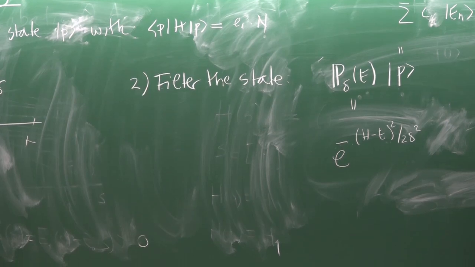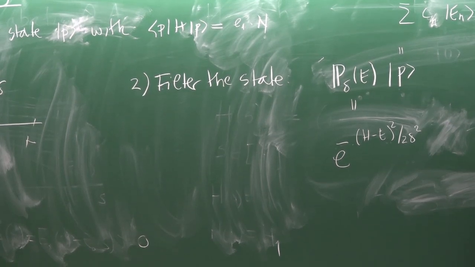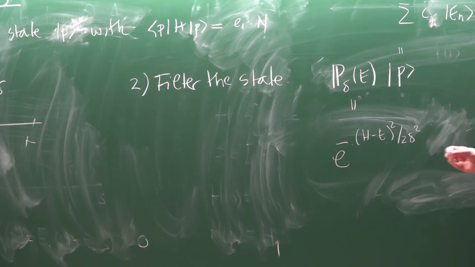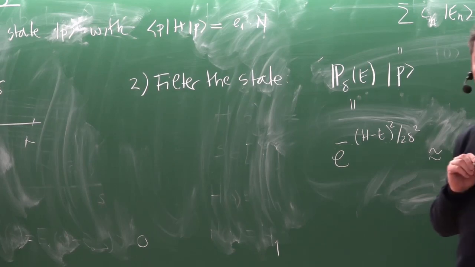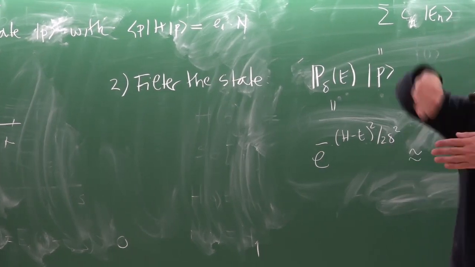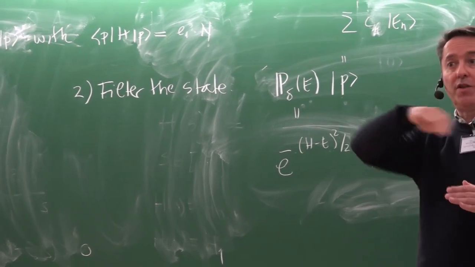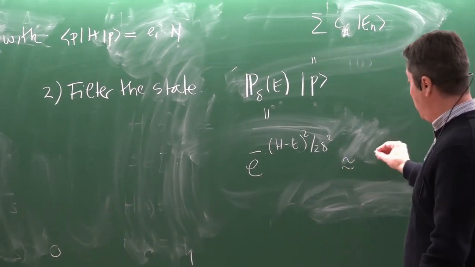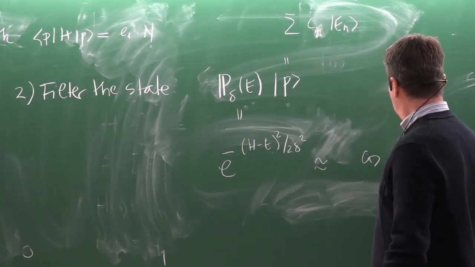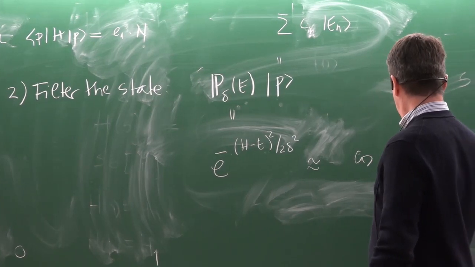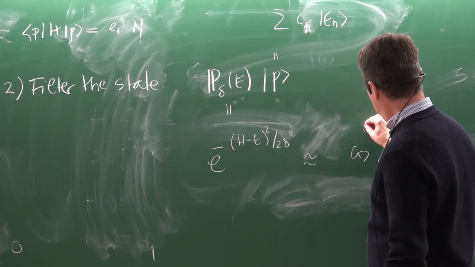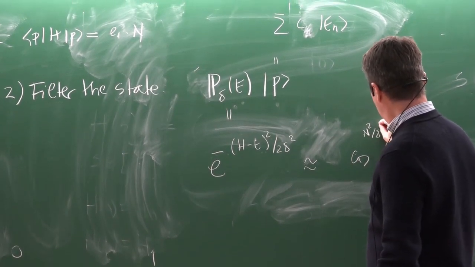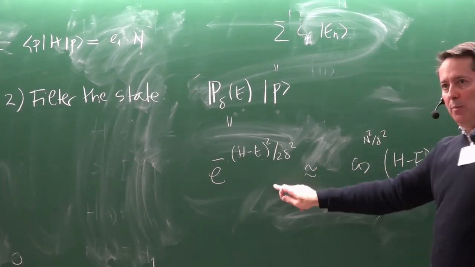The idea is what we could have done before, but you can do it here as well. First of all, realize that a Gaussian is very similar to a cosine to some power. So you can approximate this by cosine of (H minus E) divided by n, to the power n squared divided by delta squared. It's very easy to convince yourself.